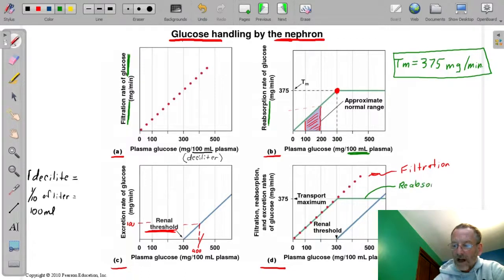And there's a maximum to reabsorption. That's the transport maximum, Tm. And then the blue line is the excretion. So it's just a way of showing kidney function graphically.